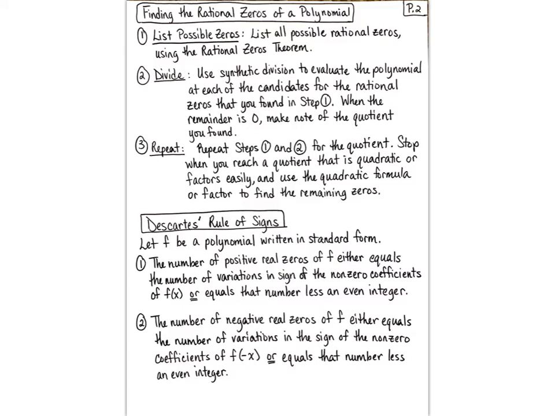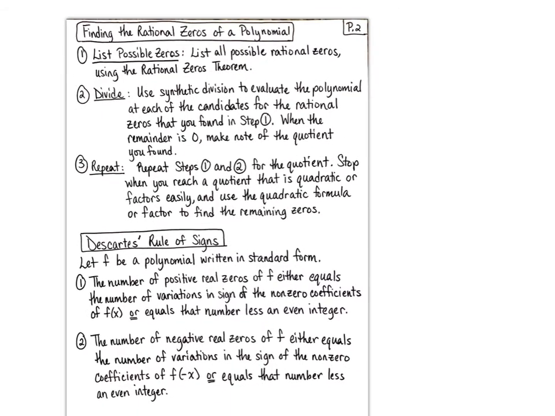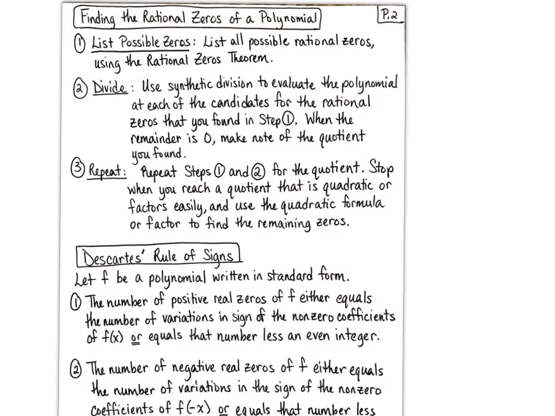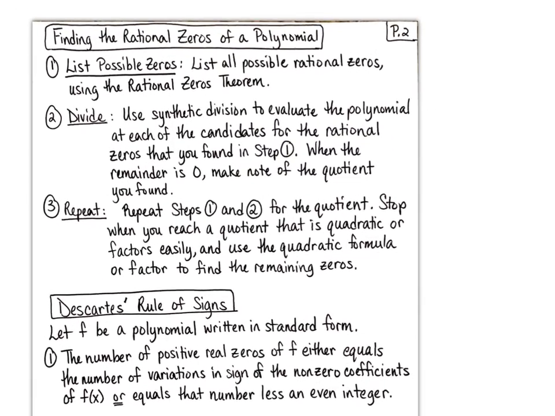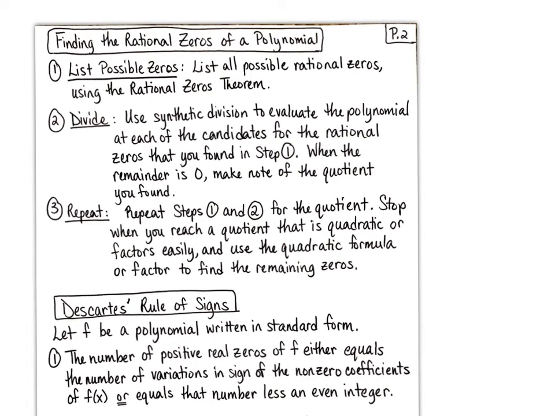Now, finding the rational zeros of a polynomial. To do that, you list your possible zeros. You list all the possible rational zeros by using the rational zeros theorem from the previous page. Then you divide. So you use synthetic division to evaluate the polynomial at each of the candidates for the rational zeros that you found in step 1.